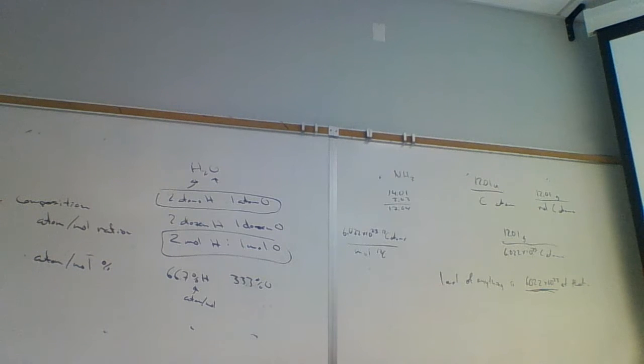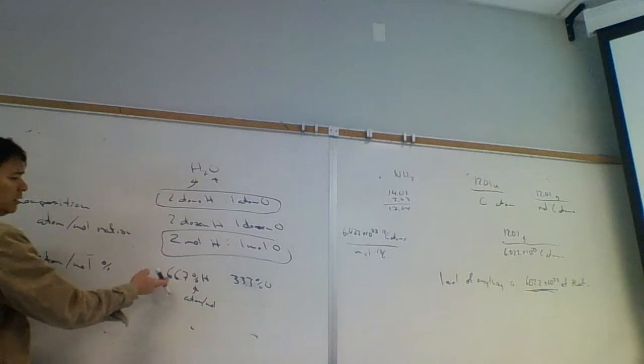And so that means this: if I have 100 atoms of oxygen, how many atoms of hydrogen do I have? 200. If I had 100 molecules of water, I would have 200 atoms of hydrogen and 100 atoms of oxygen. So this is how we use atom percent.